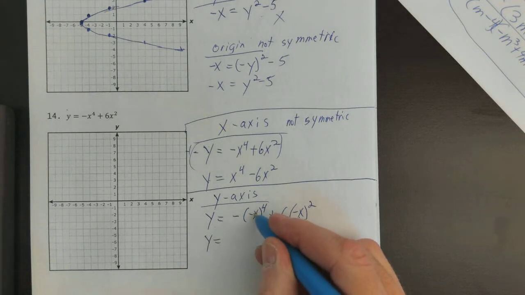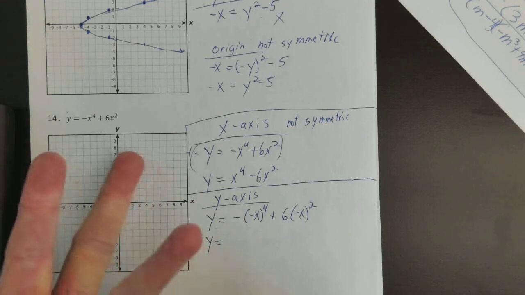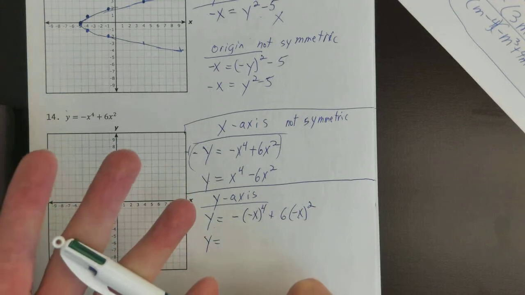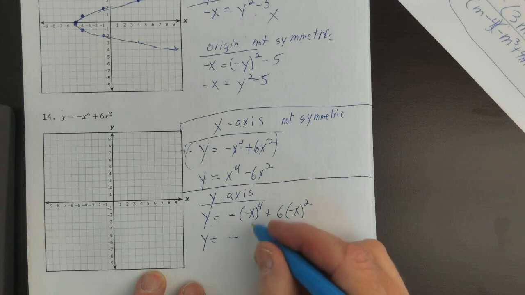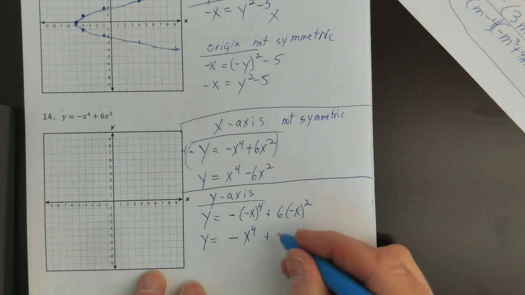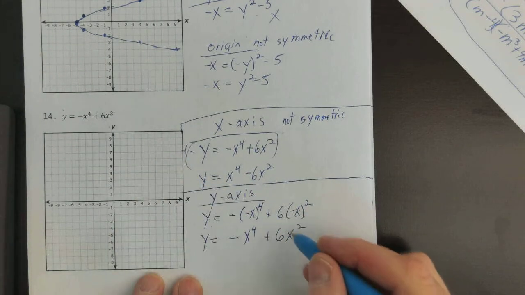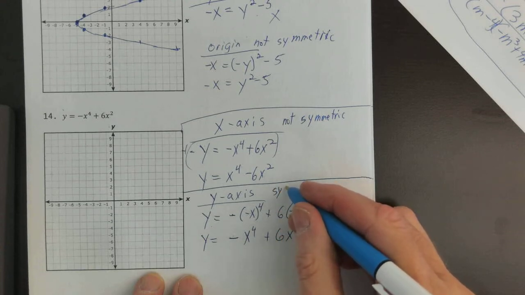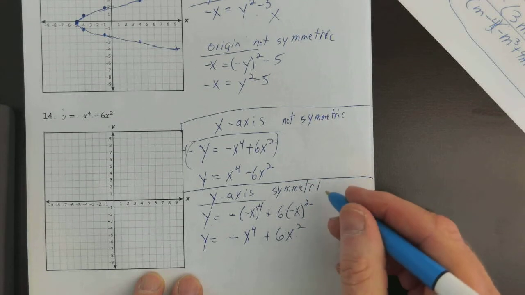Now negative x to the 4th, negative times negative is positive, positive times negative, there's a third power, is negative, negative times negative is a positive. So I've got this negative still here. This is actually equal to x to the 4th. Negative times negative is positive, so that's 6x squared. And that is what we had before. So we do have y-axis symmetry.